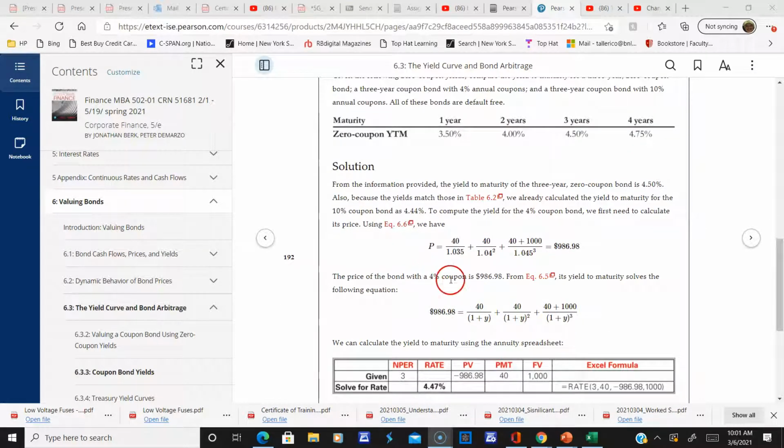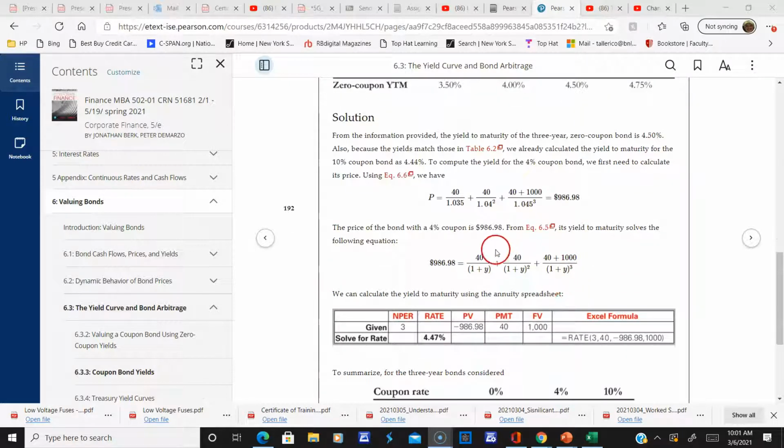The price of the bond with a 4% coupon is shown here. From equation 6.5, its yield to maturity solves the following equation. So now we got the price using the zeros, and we take this price and put it here. Here are the coupons, and now we're going to solve for the yield to maturity. And the yield to maturity comes out to 4.47%.